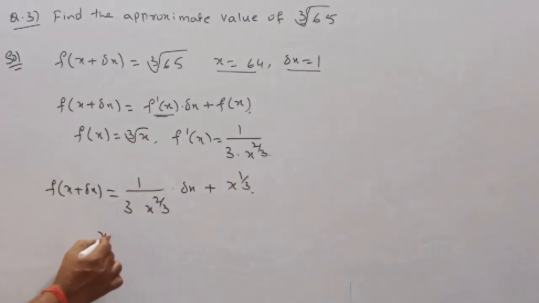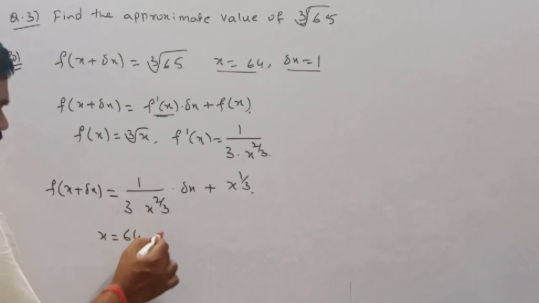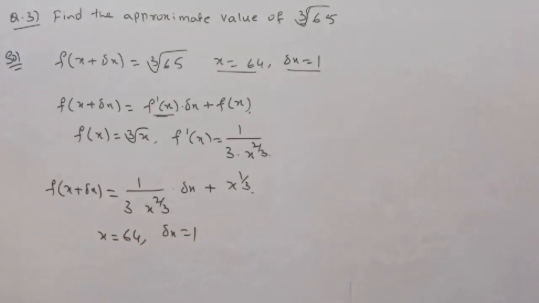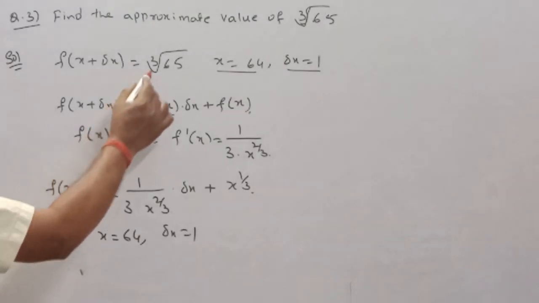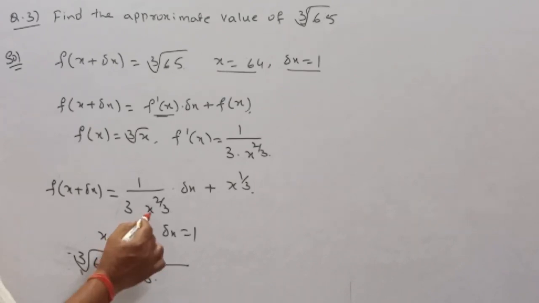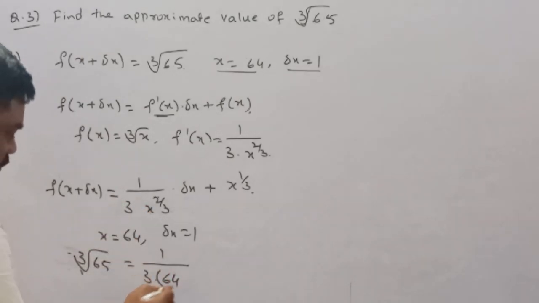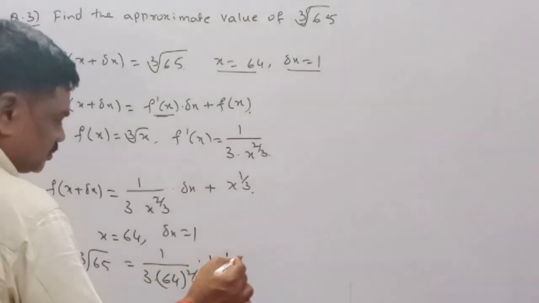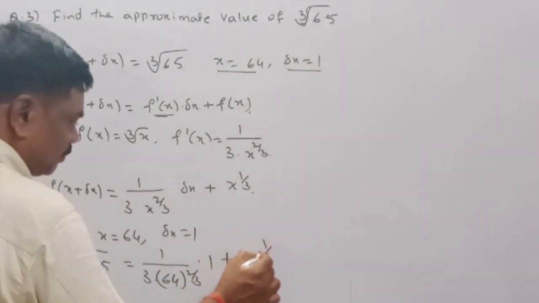You substitute x is equal to 64, delta x is equal to 1. Then f of x plus delta x, this is cube root of 65, is equal to 1 by 3 into 64 whole power 2 by 3 into delta x 1 plus 64 whole power 1 by 3.